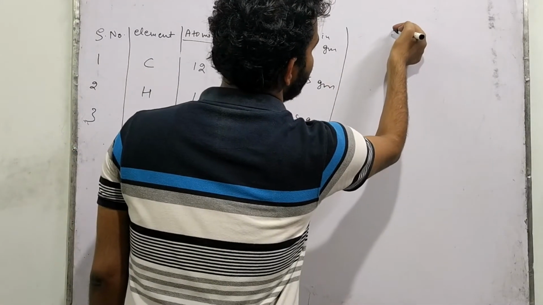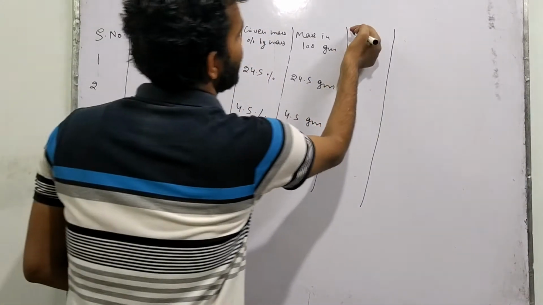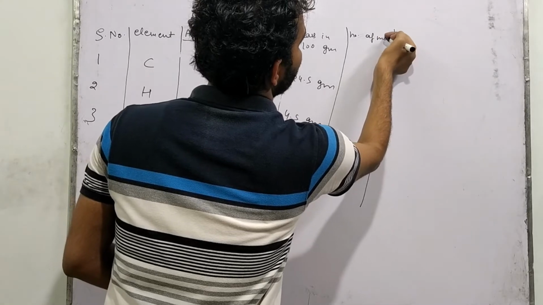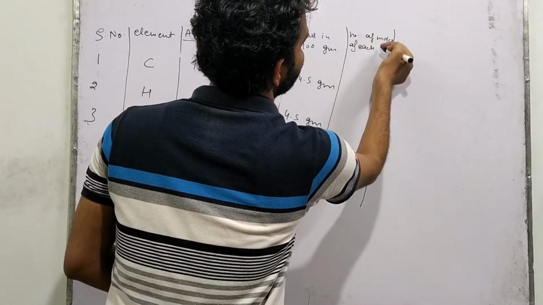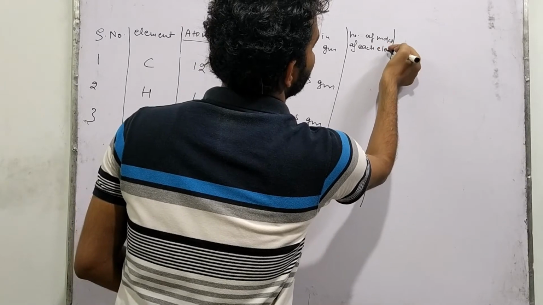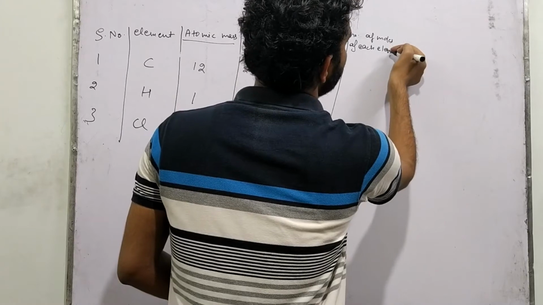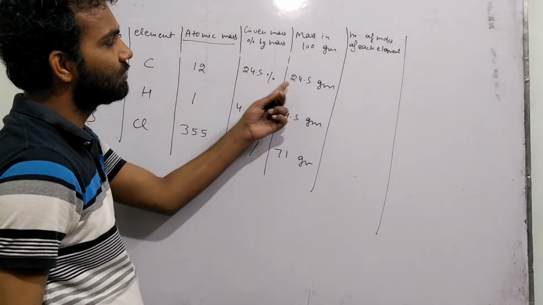Now what you will do? You will calculate the number of moles of each element. How you will calculate? Given mass upon molar mass.